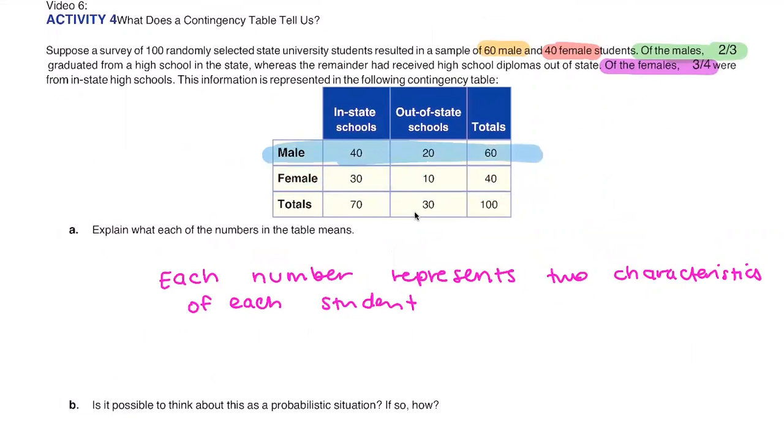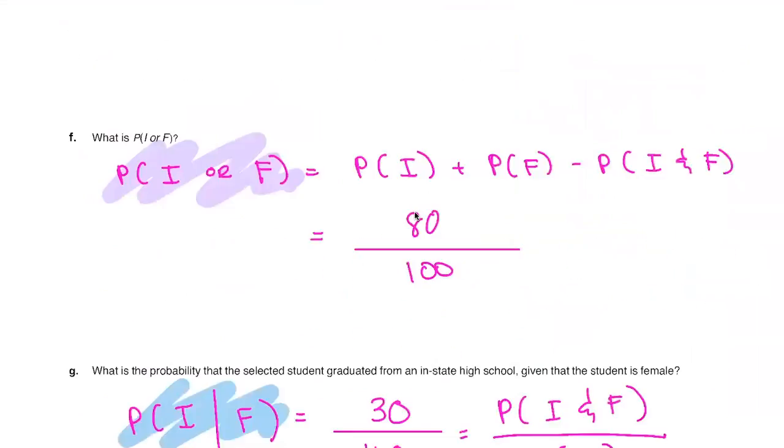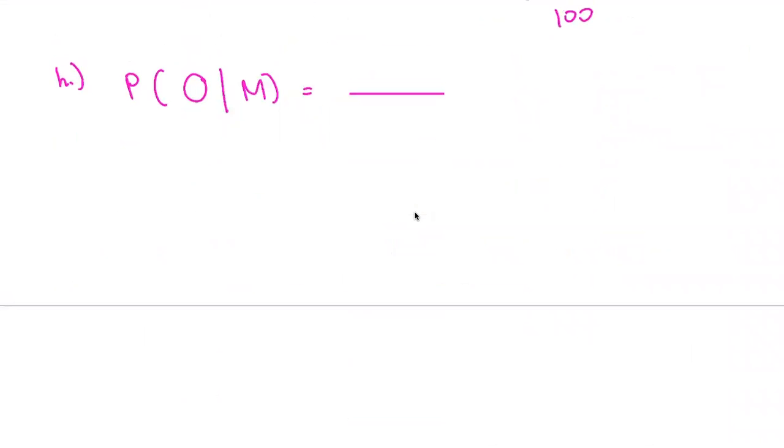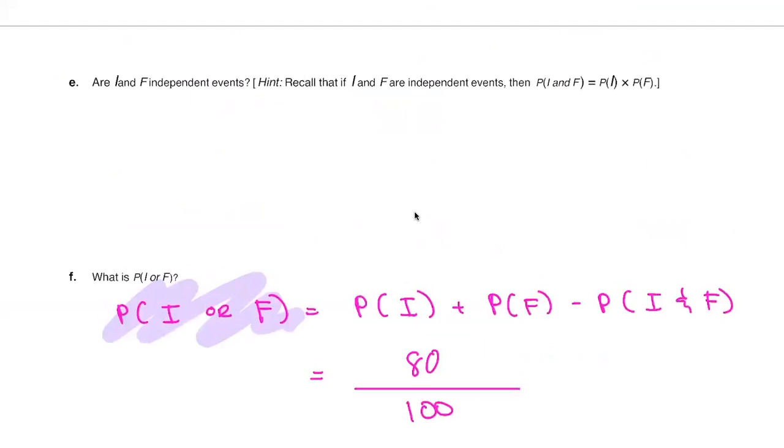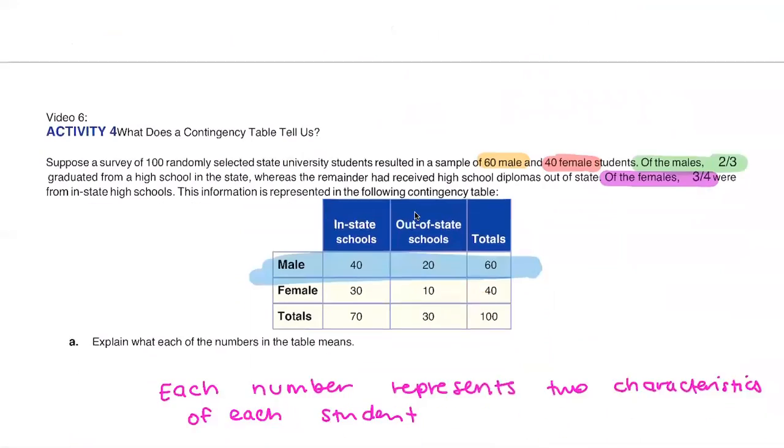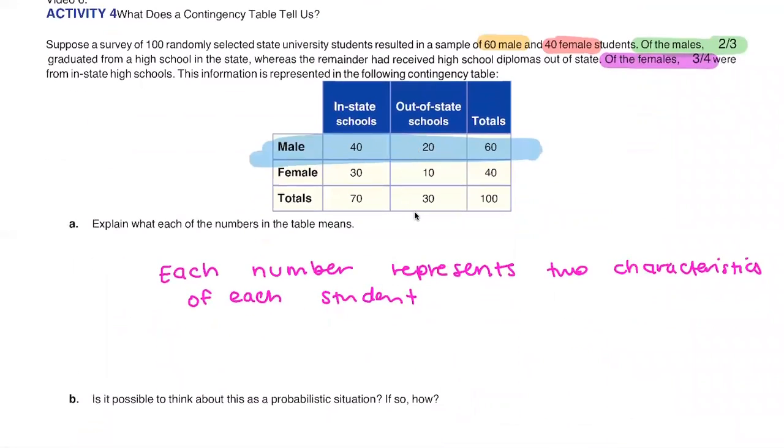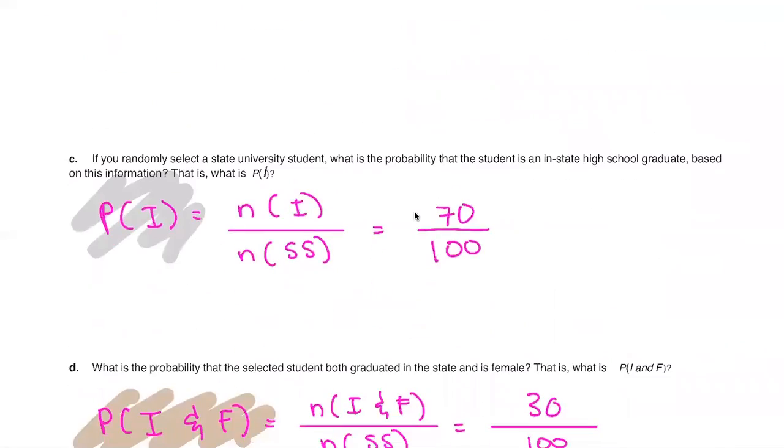Males, there's 60. So I'm going to have 60 males with their left hand up. Now raise your right hand, males, at the same time if you graduate from out of state school. Looking at just my males, my out of state, there's 20 of them. So I should have 20 males with both arms raised up.